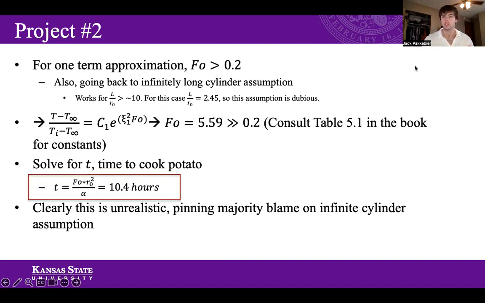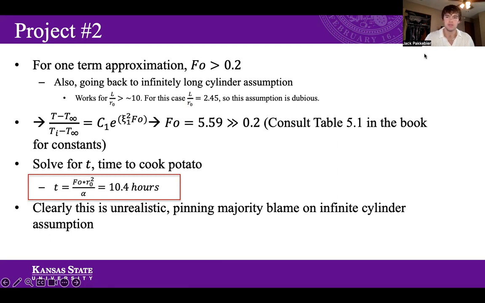For the one-term approximation, this needs to be when the Fourier number is greater than 0.2. So we'll solve for this Fourier number to see if we're allowed to do this. Also, going back to the infinitely long cylinder assumption, generally this works when the length of your cylinder over the radius is greater than around 10.